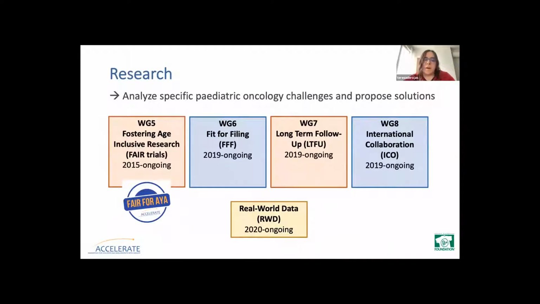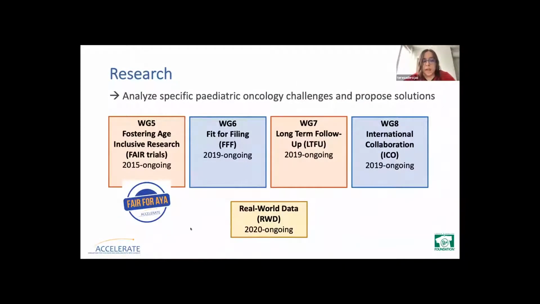We pick hot burning topics in drug development and try to figure out what is the issue and how can we solve it. So here on the slide, you can see the 5 currently active research groups in Accelerate.